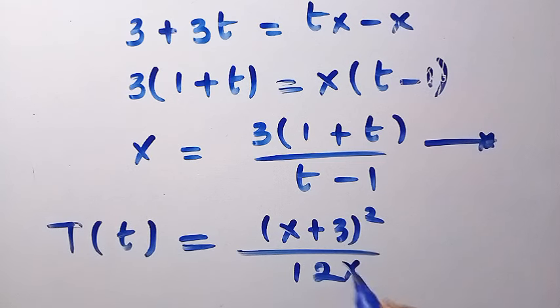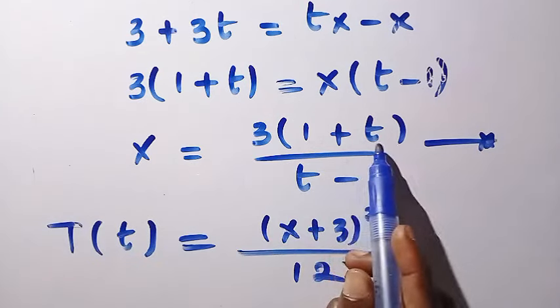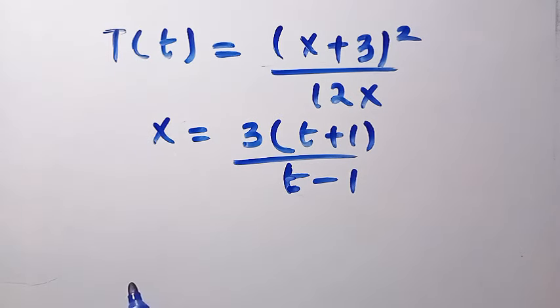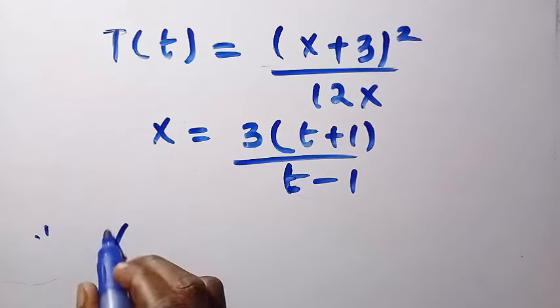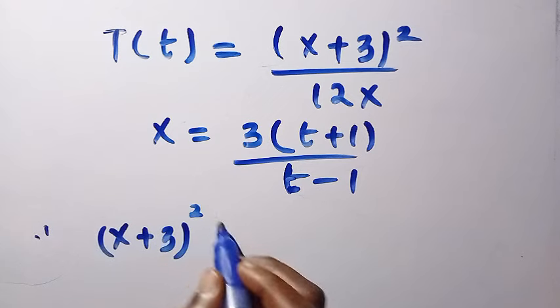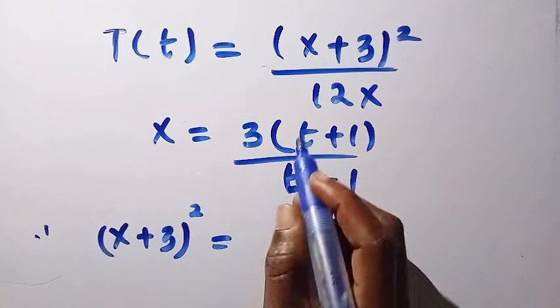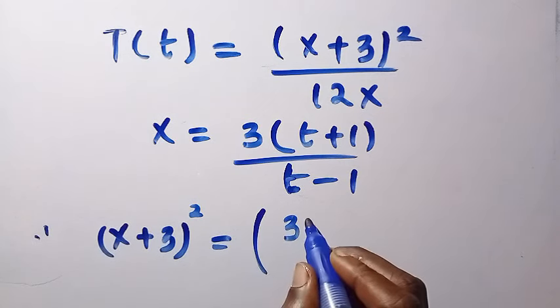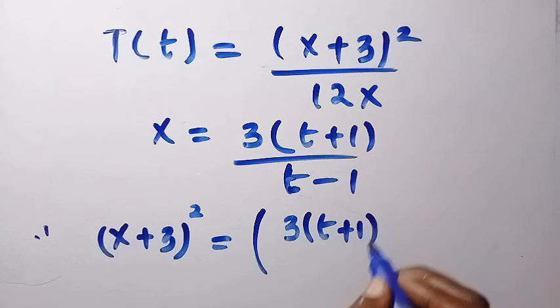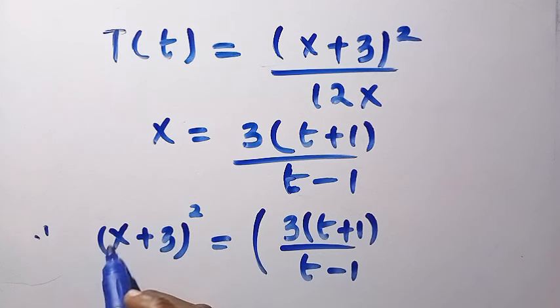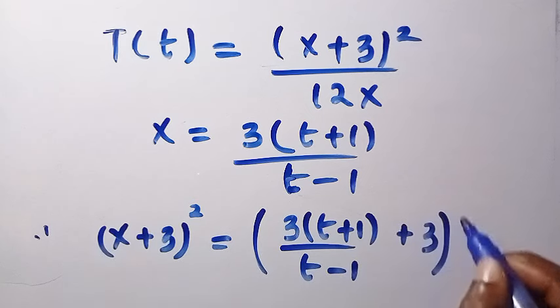It will now be easy for us to substitute every x with 3(1 plus t)/(t minus 1). Let's first replace the x in (x plus 3) squared: open bracket 3(t plus 1) divided by (t minus 1), plus 3, all raised to the power of 2.